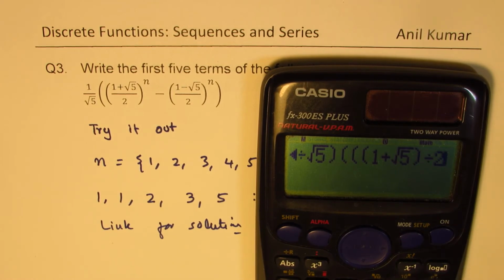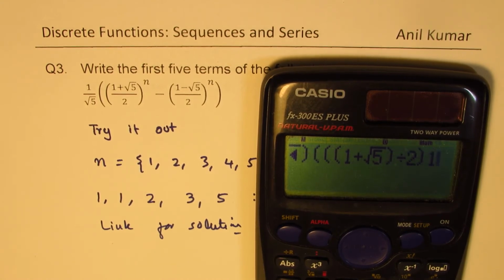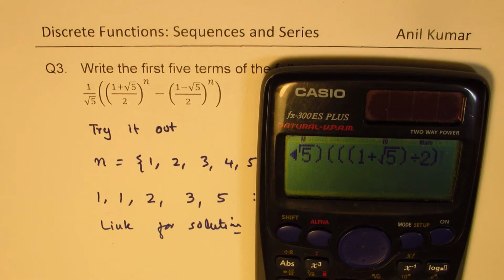And then everything is to the power of, in the first case, 1. So let me write 1 here. So the exponent is 1. Then we do minus within brackets.